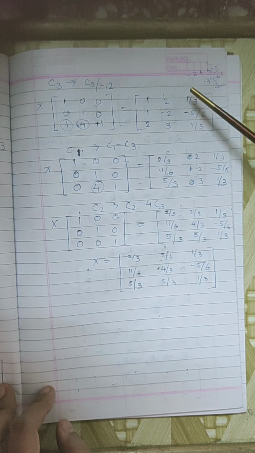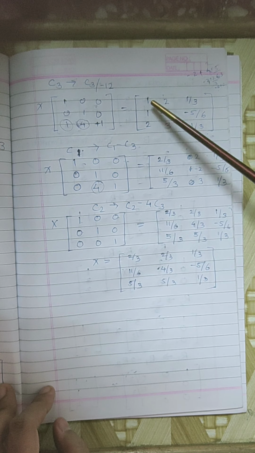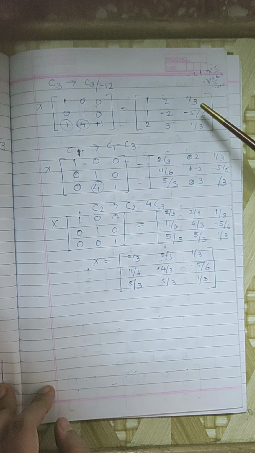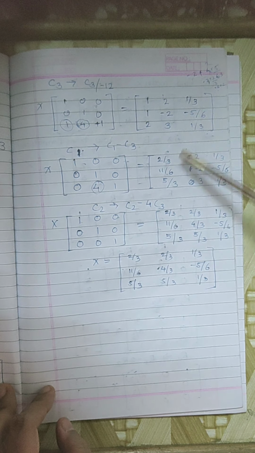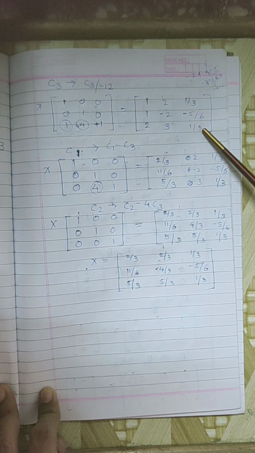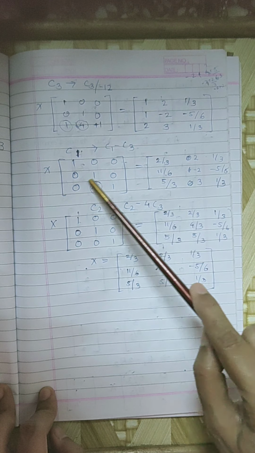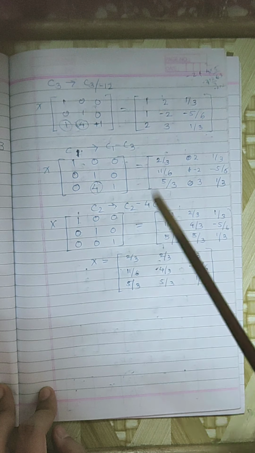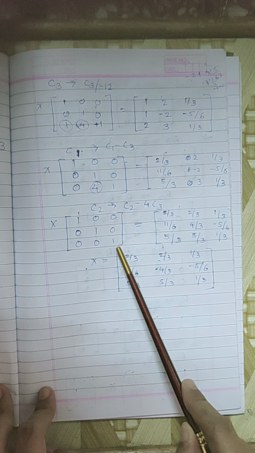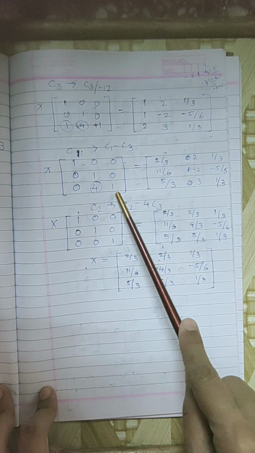Now here also these two columns as it is, and 1 minus 1 by 3 is 2 by 3, 1 plus 5 by 6 is 11 by 6, and 2 minus 1 by 3 is 5 by 3. Now this 4 we have to convert into 0. Here 1 is there.